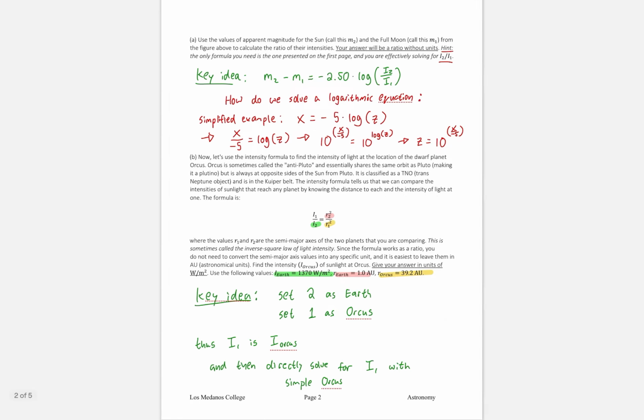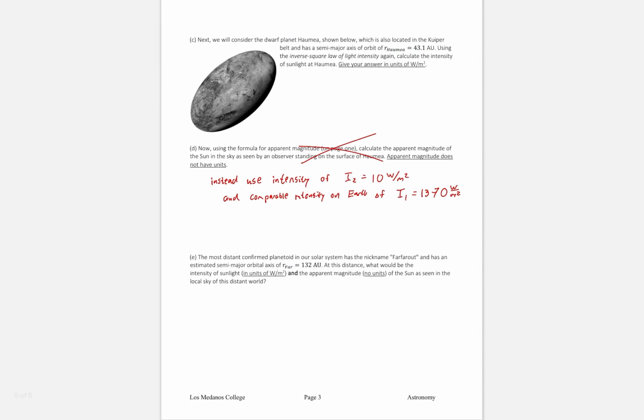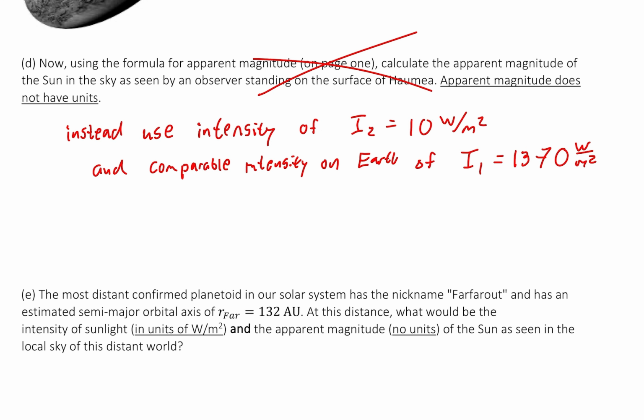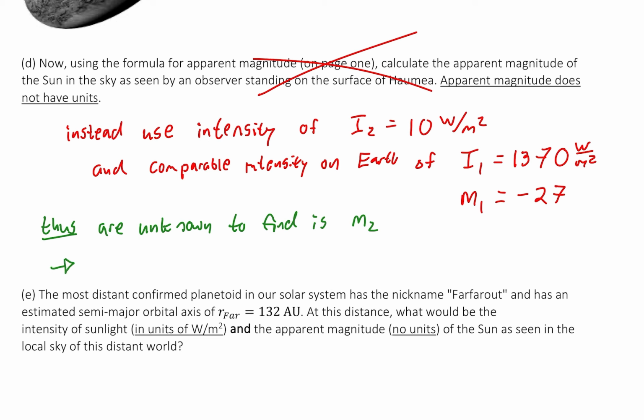So that means that our last known for this numerical example is none other than M1 being negative 27. And then our unknown to find is, you guessed it, M2.